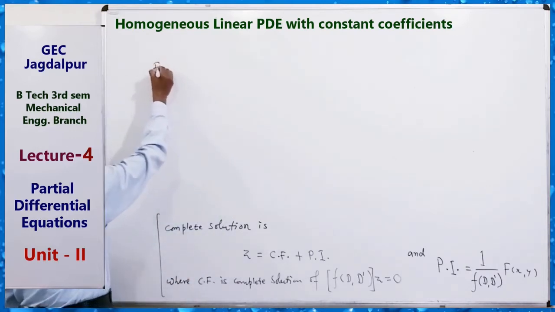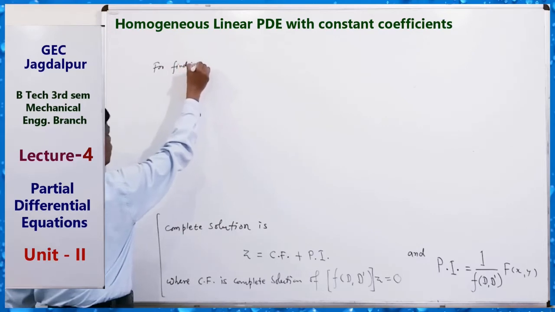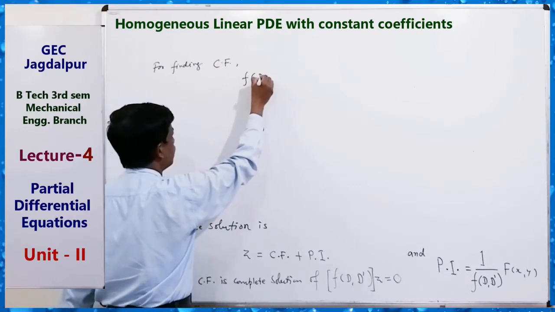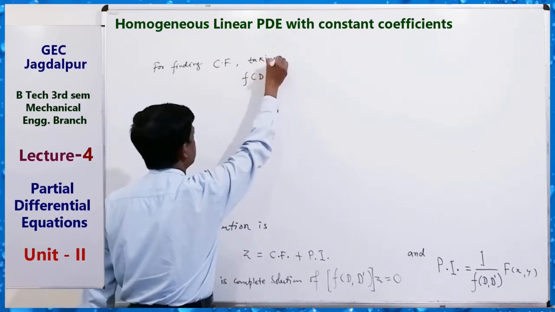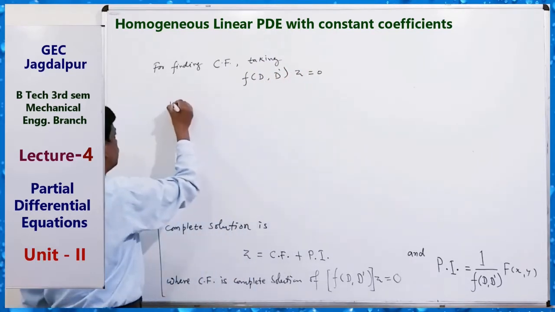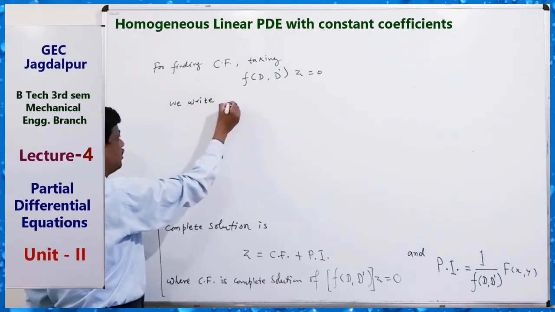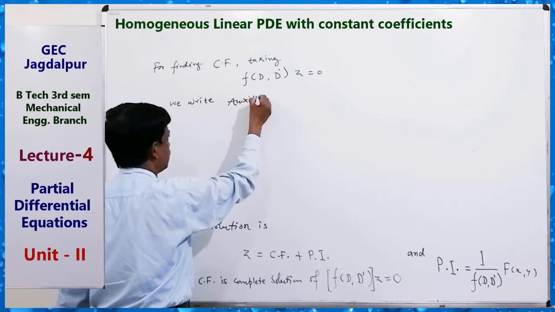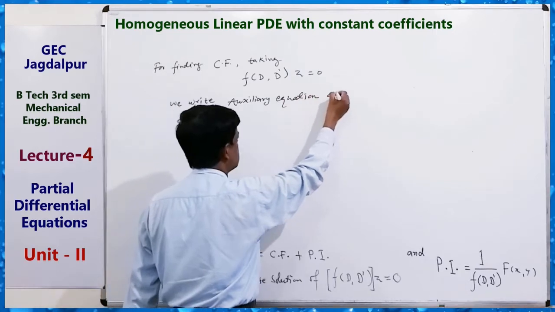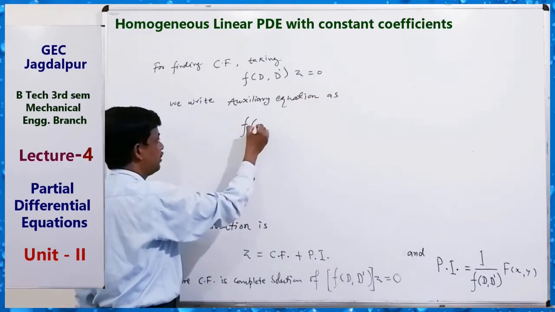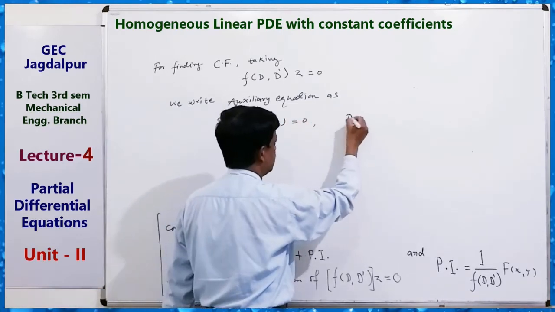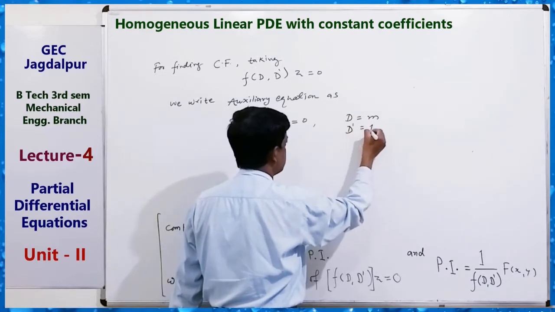Now for finding CF, taking F(D, D dash) z equals 0, we write the auxiliary equation as F(m, 1) equals 0, with D equals m and D dash equals 1.